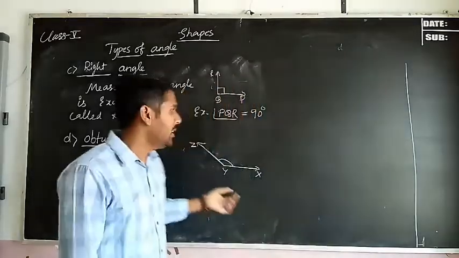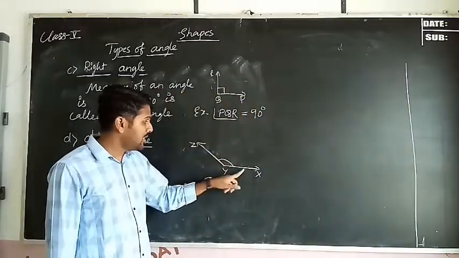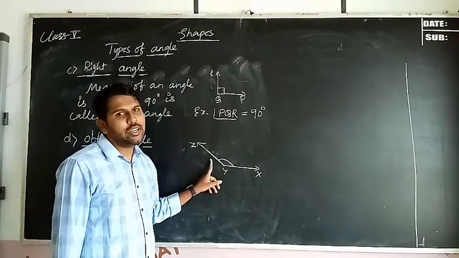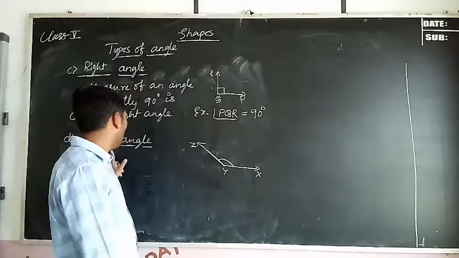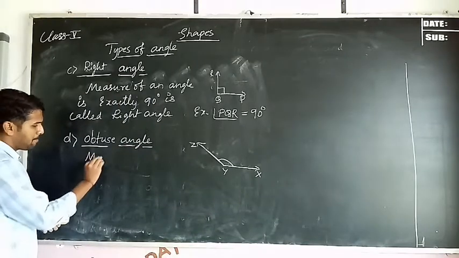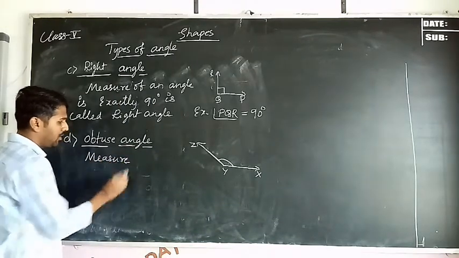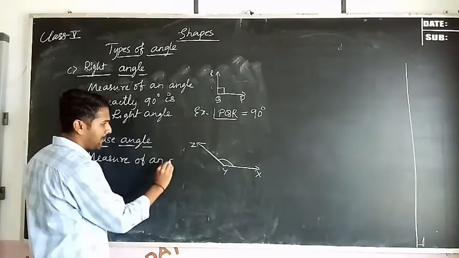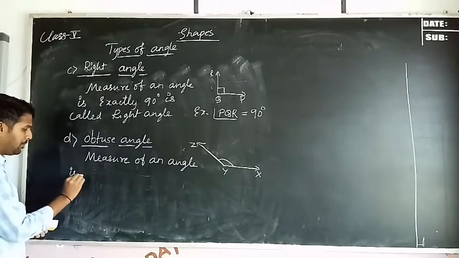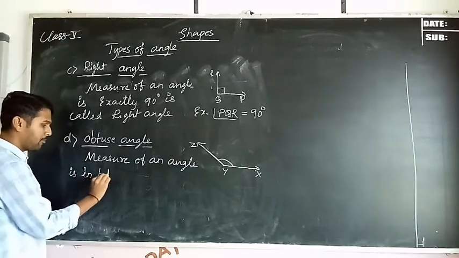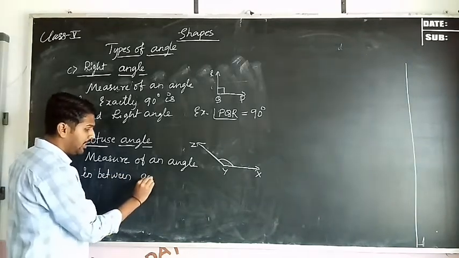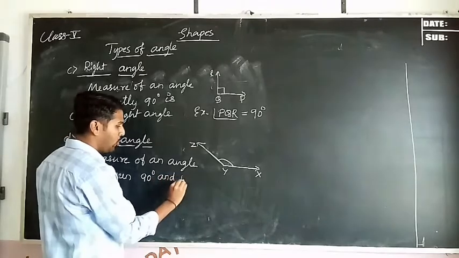Otherwise, the distance between initial ray and final ray is in between 90 degree and 180 degree, it is called an obtuse angle. So the definition of obtuse angle is: the measure of an angle is in between 90 degree and 180 degree.